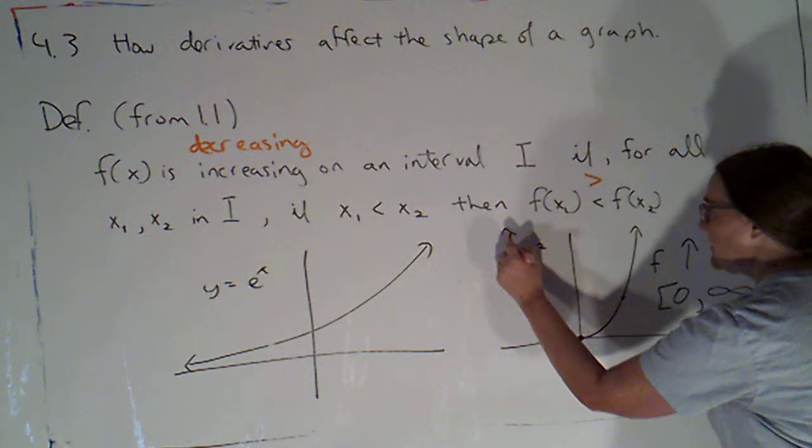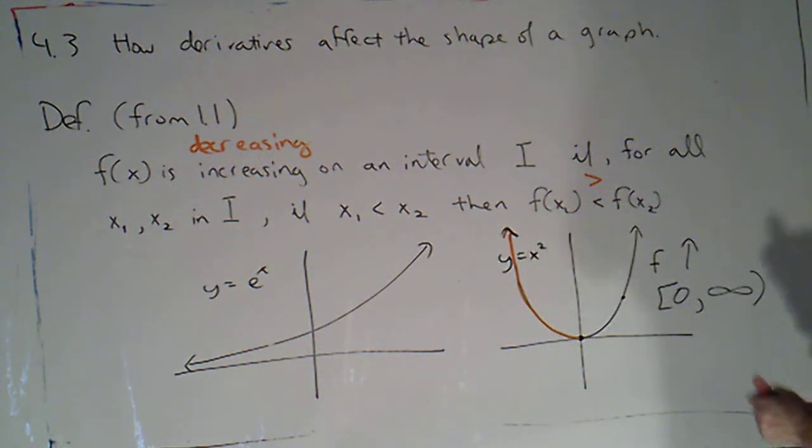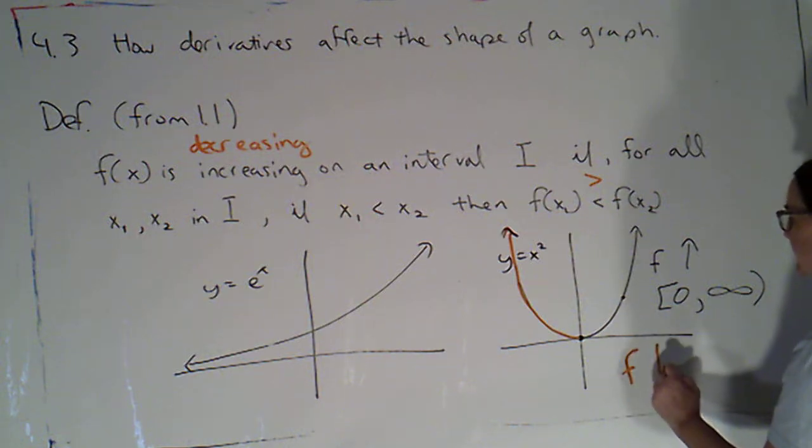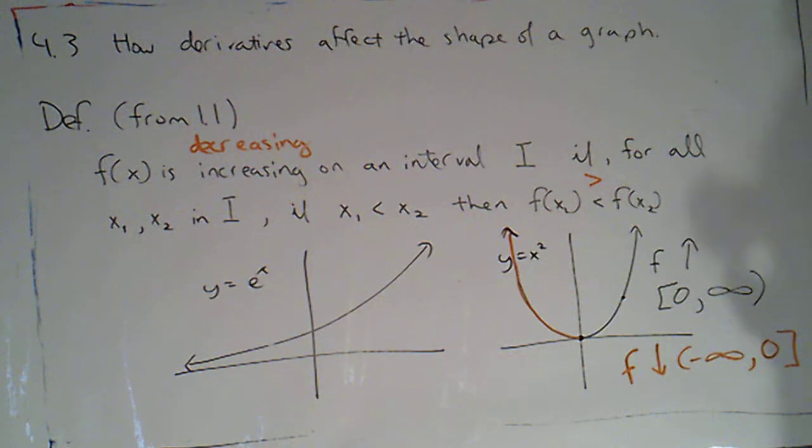Now, I can see that's going to be true on the left half of this parabola. So I would say f is decreasing on the interval from negative infinity to 0. 0 gets included in that one too. We can include these finite endpoints as long as this comparative definition is satisfied. Okay, so that's our definition.